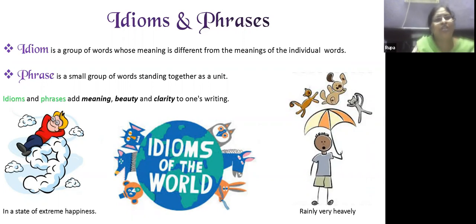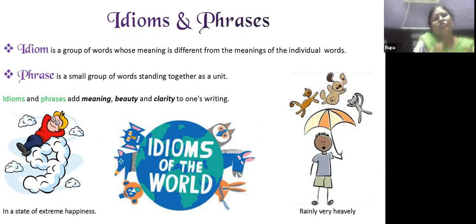As we already know, an idiom is a group of words whose meaning is different from the meaning of the individual words, and a phrase is a small group of words standing together as a unit. Why idioms and phrases are made use of, we have discussed. Once again, I'll tell you, children, if idioms and phrases are not used, the language is not lively.